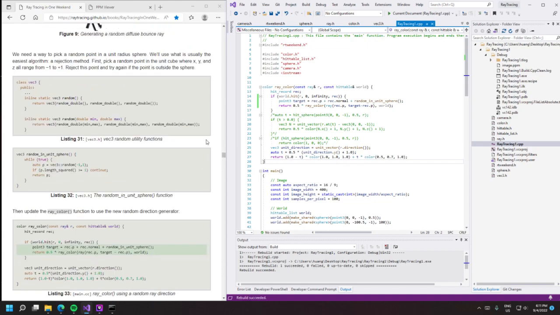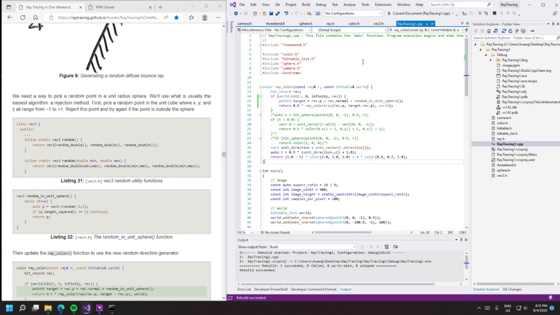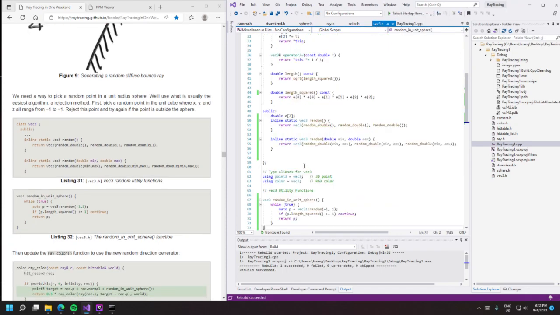Okay, so far this is all right. And let's see the vec3. Yeah, I copy and pasted this part, so this part should also be fine.